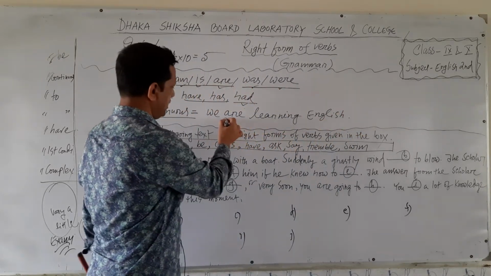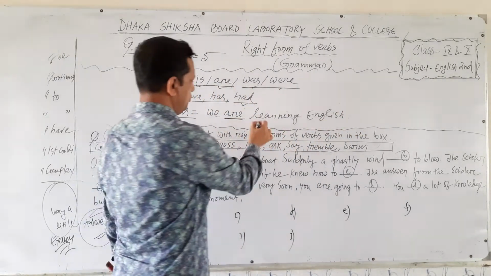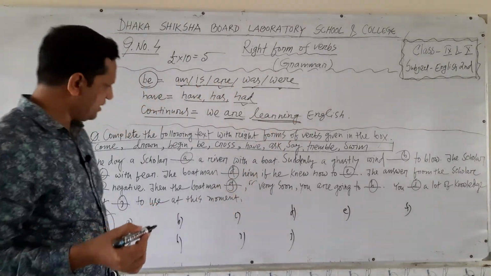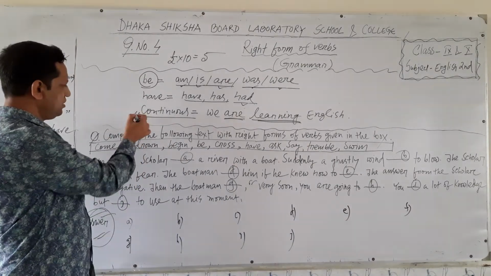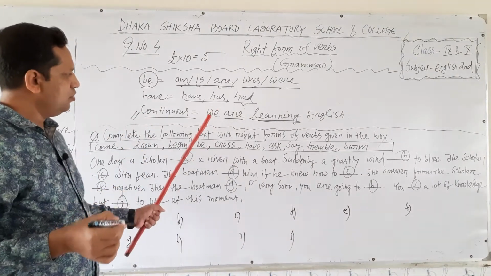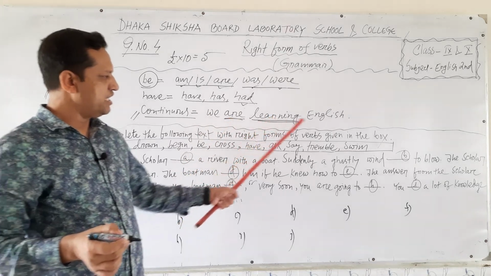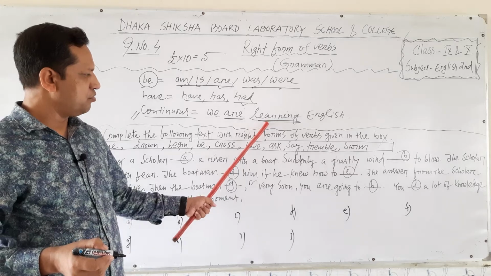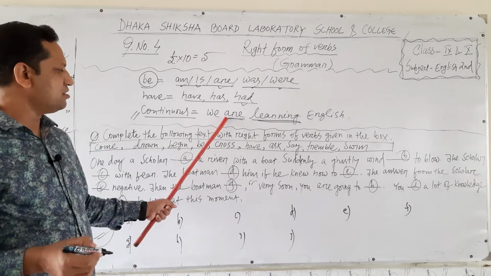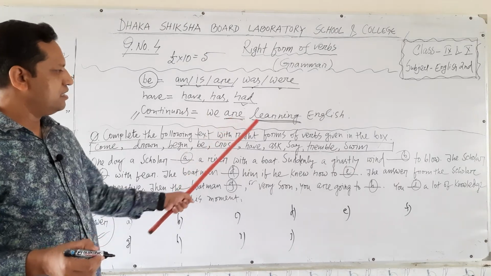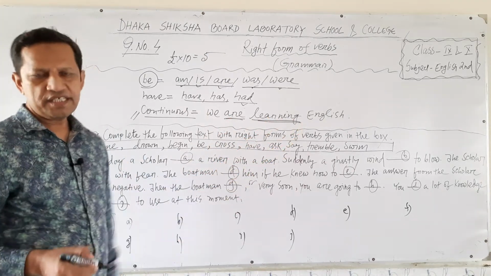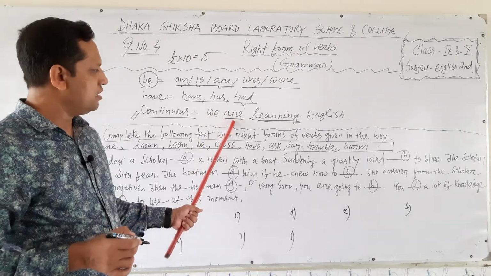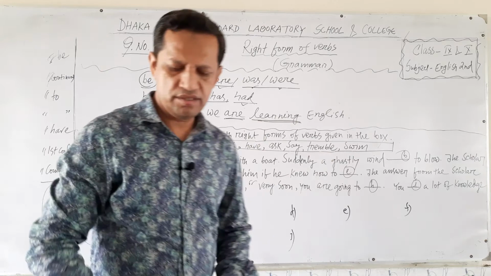You see that here is a be verb and also learning, so we can say it is present continuous. In present continuous, we are learning English, the structure is subject, be verb and V1 ing. If it is past continuous, we were learning English, and if it is future continuous, then we shall be or will be learning English.